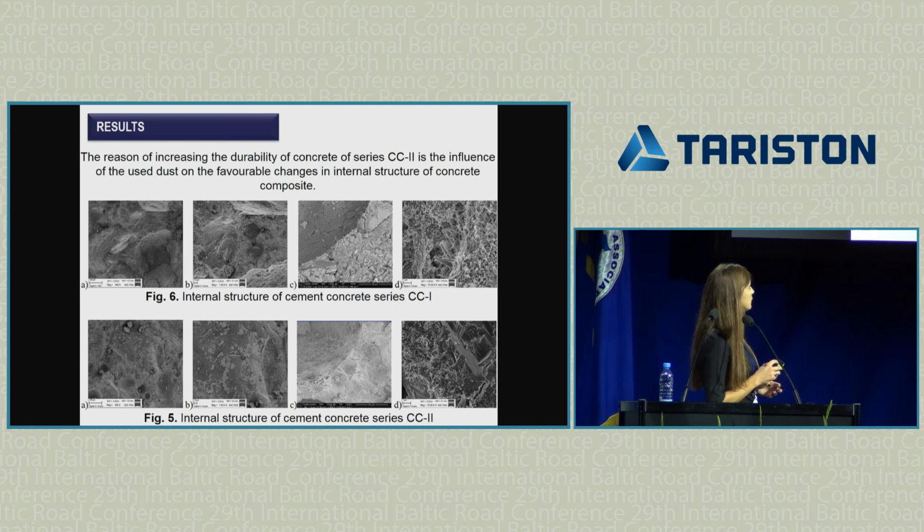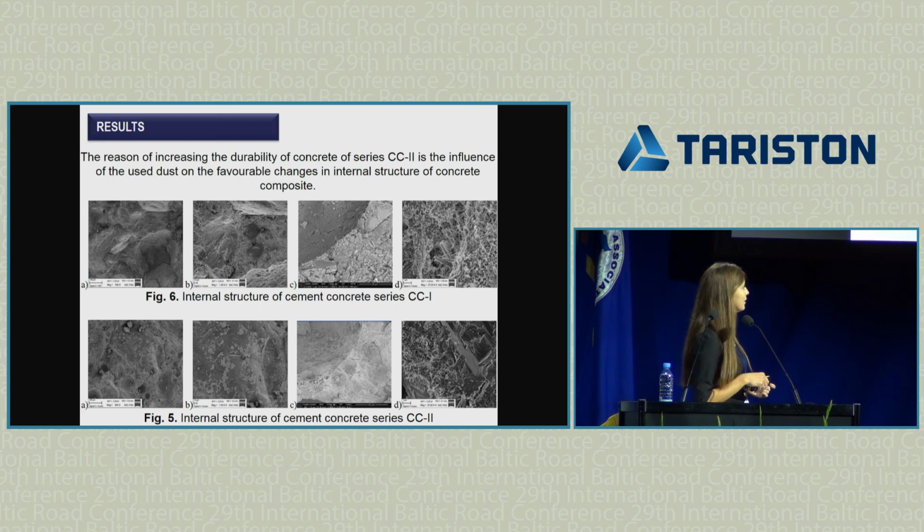Figure 6 presents the internal structure of cement concrete series CC1, and here we can see the micro cracks and air pores in the contact zone between cement matrix and grain aggregate, and on the cement matrix we can see the crystallization of ettringite, where the width of these crystals is more than 10 micrometers.